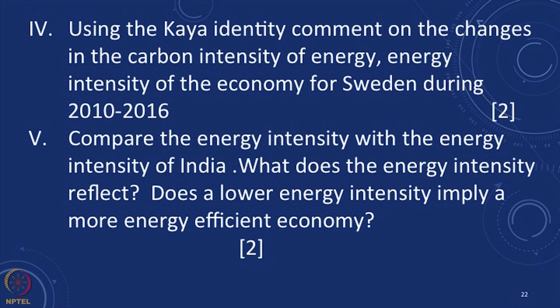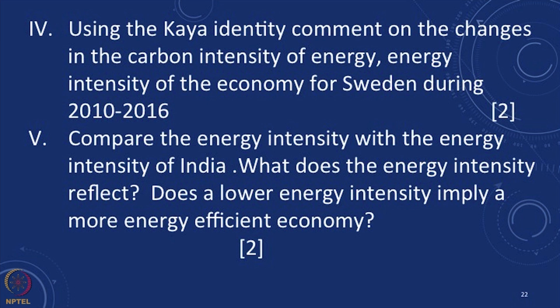So, if the structure of the economy is the same and the GDP is coming from the same sectors, then of course a lower energy intensity means that we have become more efficient. But if the structure has changed, it is possible that a lower energy intensity is because we have shifted from manufacturing to services, even though we haven't improved the efficiency.